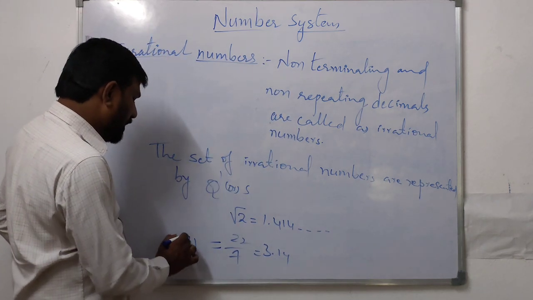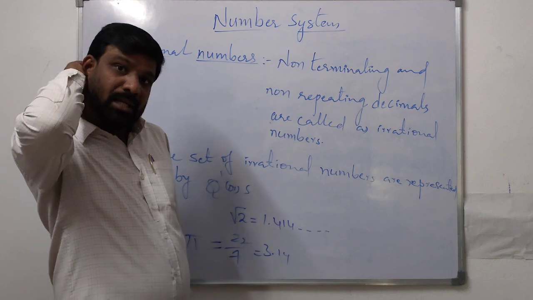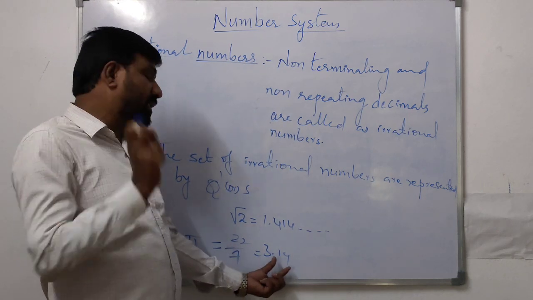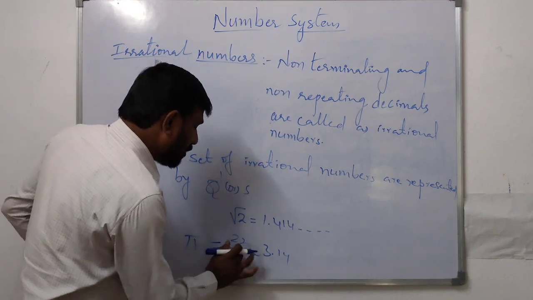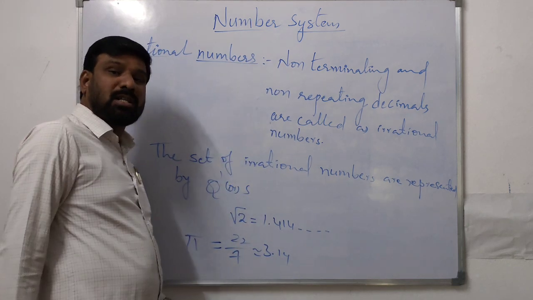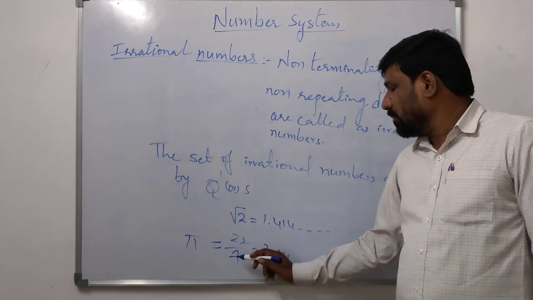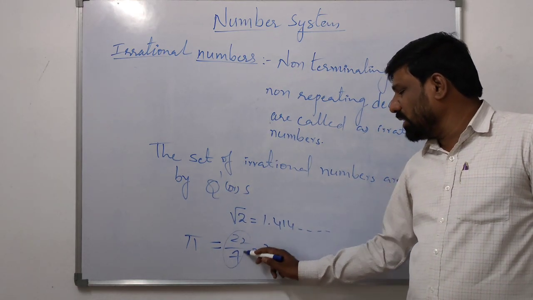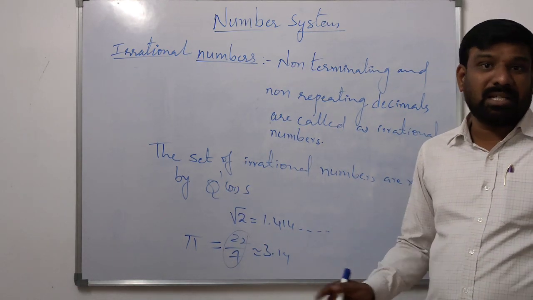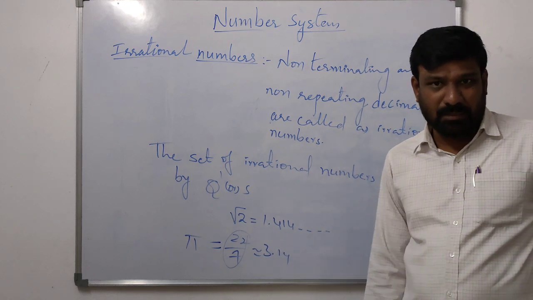The value of pi is 22 by 7, which is 3.14, approximately we will take, not exactly. That's why we call it 22 by 7. But this value is an irrational number. It is a non-terminating, non-repeating decimal.